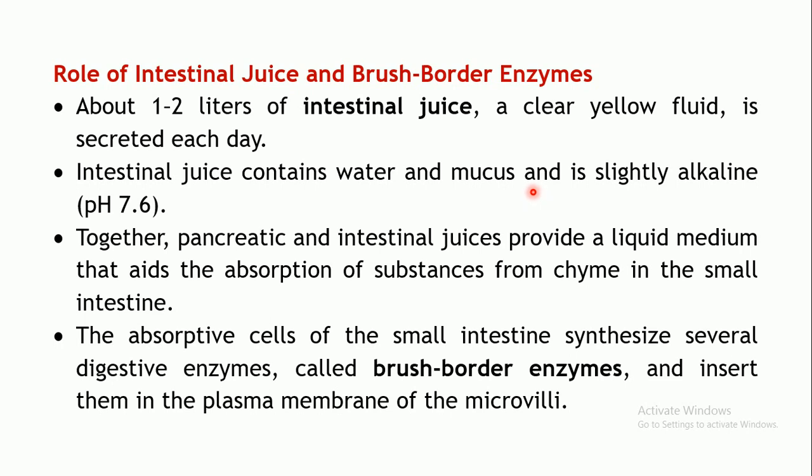There are goblet cells, right, which produce the mucus. The intestinal juice has an alkaline pH, roughly 7.6. Along with the pancreatic juice, it provides a liquid medium which helps in absorption of the substances released after the digestion of the food, from the chyme in the small intestine.